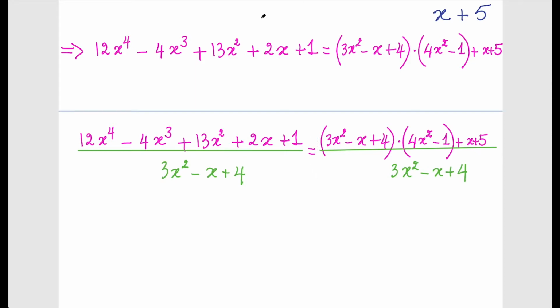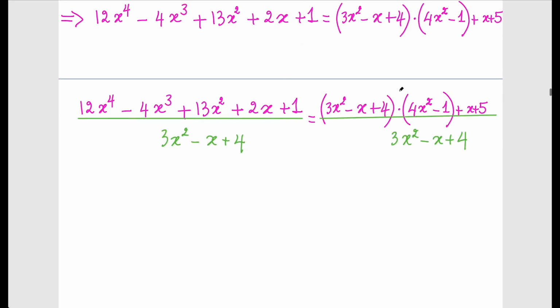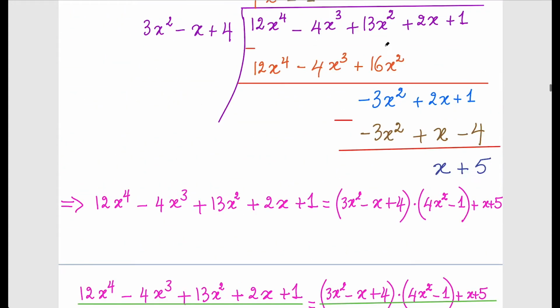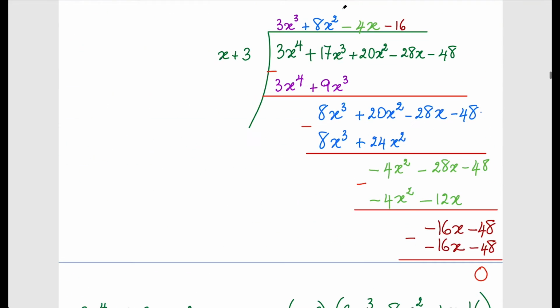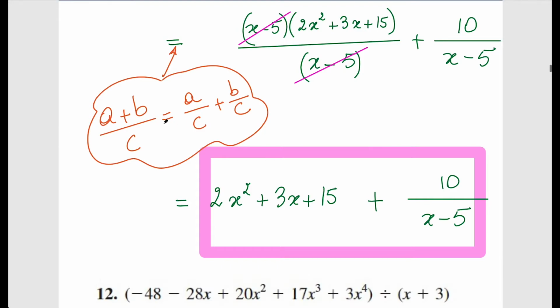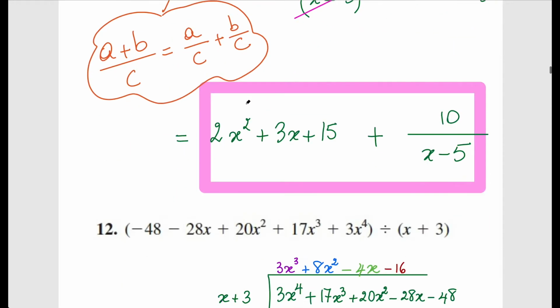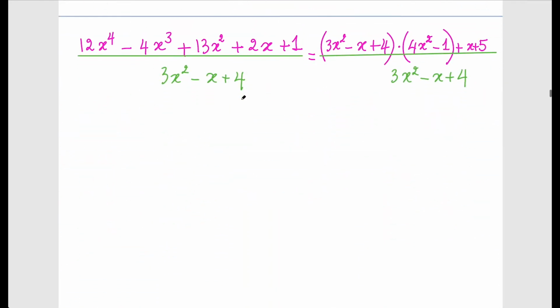Alright, very good. Okay, so now I want to play the same game as before. What game am I talking about? This game here. This one, right? So a plus b divided by c is a over c plus b over c. So that's what I'm gonna do. That's gonna be equal to, I'm gonna treat this piece as a, and I'm gonna treat this piece as b, right?